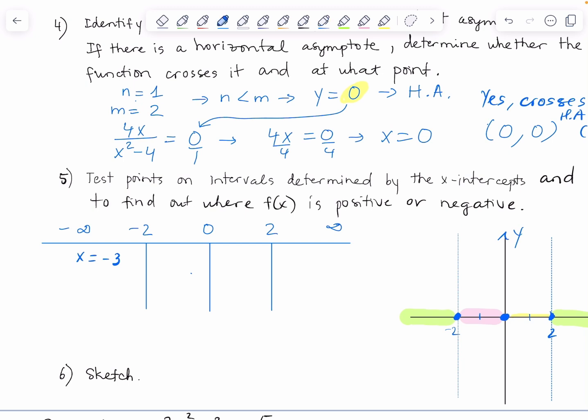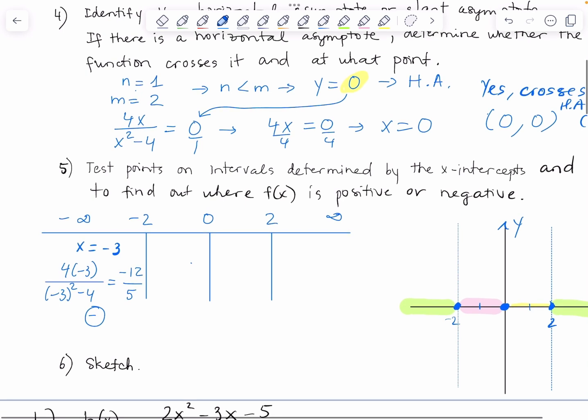So we're looking at 4 times -3 over -3 squared minus 4. So this will equal -12 over 9 minus 4, which is 5. So this is a negative number. So we're going to conclude anything you pick in that interval is going to be a negative y value.